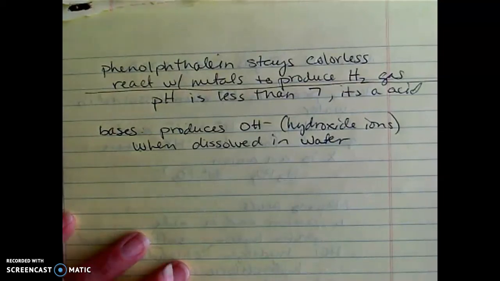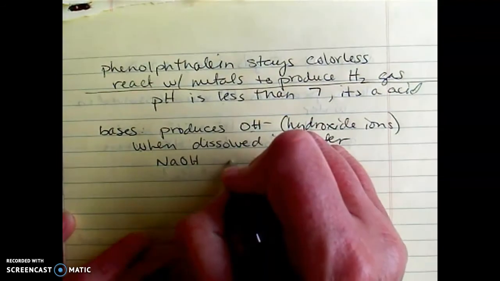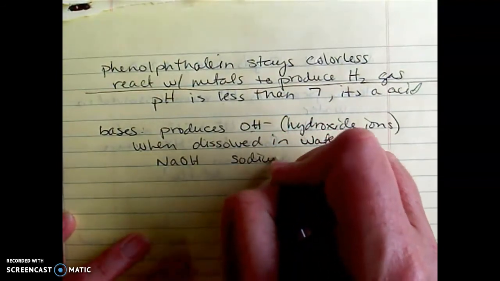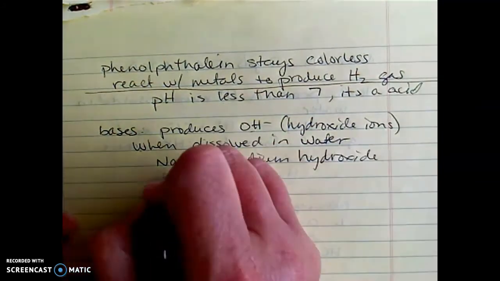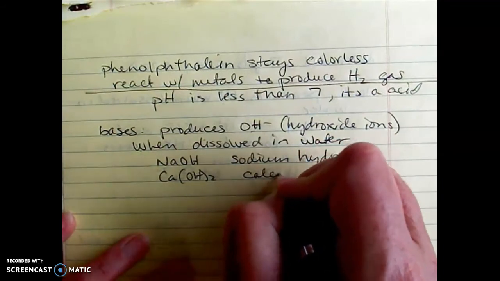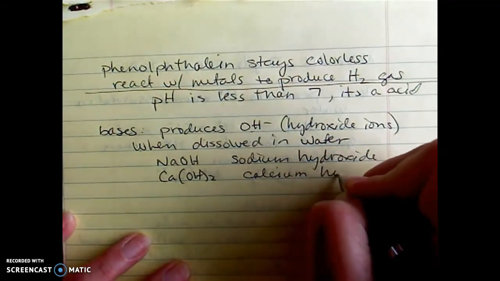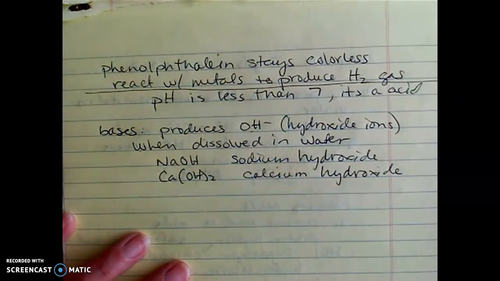So most of them will be like this. All your hydroxides are very strong bases. You'll have something like NaOH, and it's called sodium hydroxide, hence the hydroxide ion. You might have Ca(OH)2, calcium hydroxide. So these are very easy to recognize when we're talking about our most common bases.